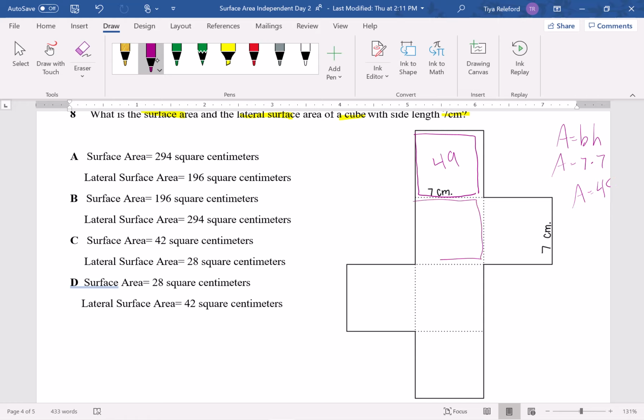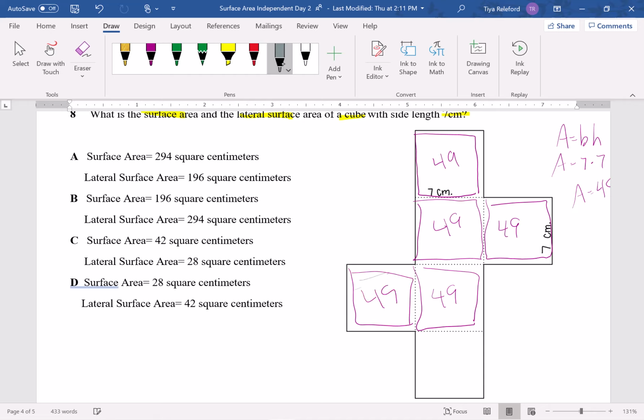Every single side is exactly the same. So we're not 100% sure. I am assuming these are the bases, but I don't even know for sure. But guess what? It doesn't matter. Because no matter what the 2 bases are, they're the same, all of them.